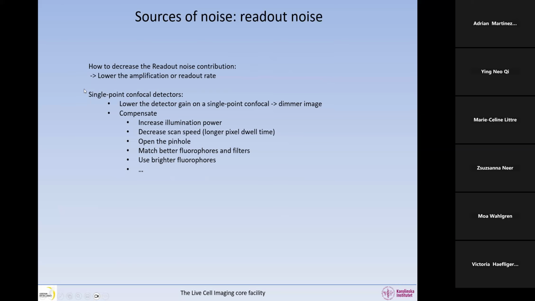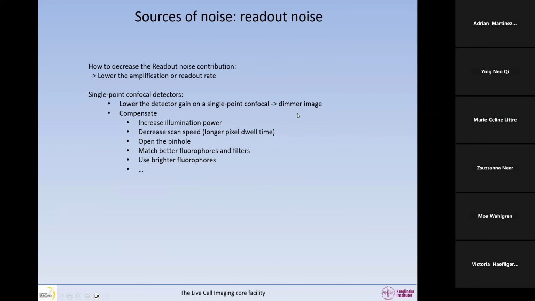And on single point confocals, what can you do to decrease this source of noise? You can lower the detector gain. Do not push the detector gain too high on a single point confocal, because that creates noise.